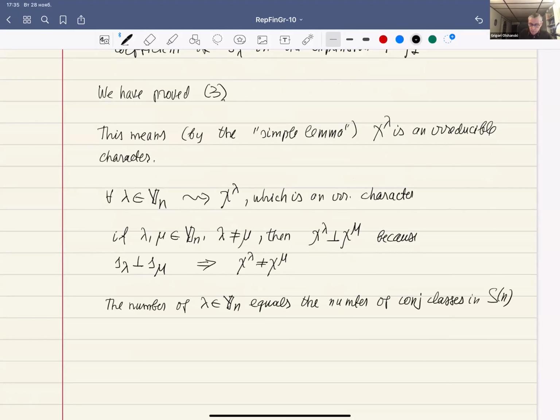Now, symmetrically, we conclude that these functions are just all the irreducible characters. So this is the end of the proof of the theorem.